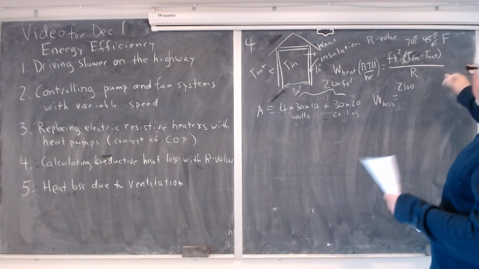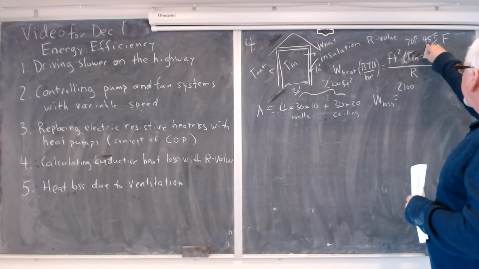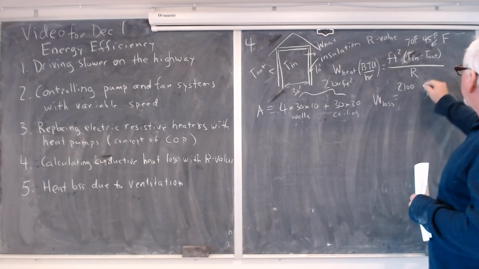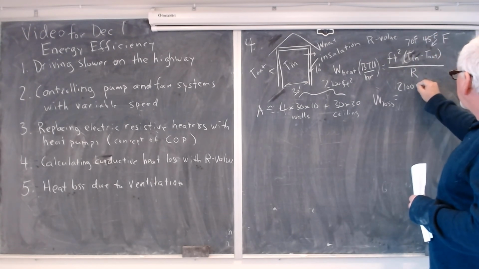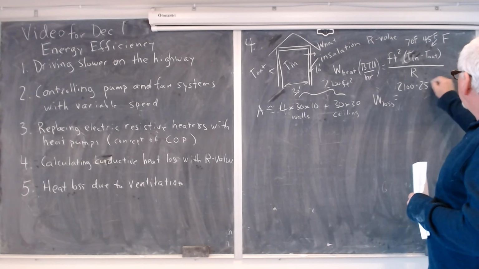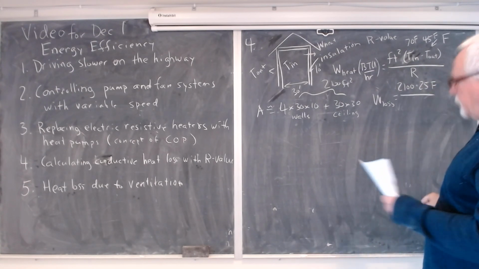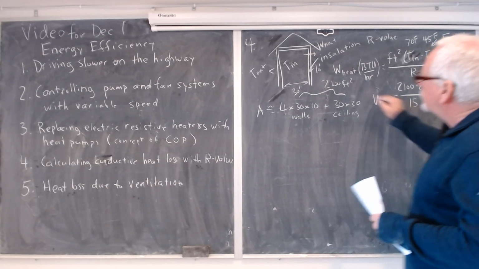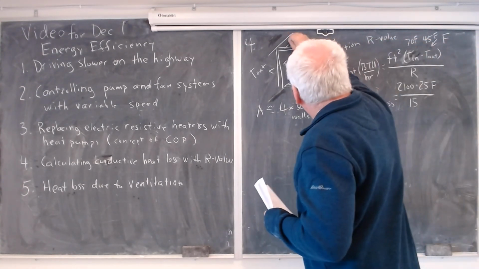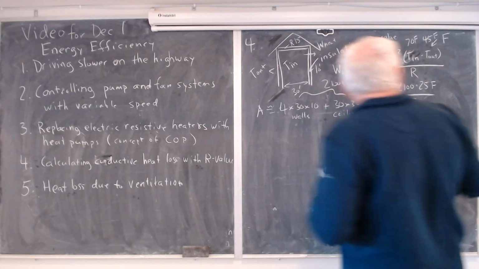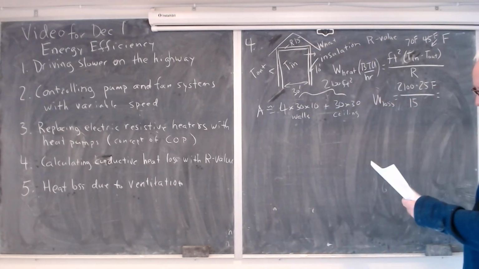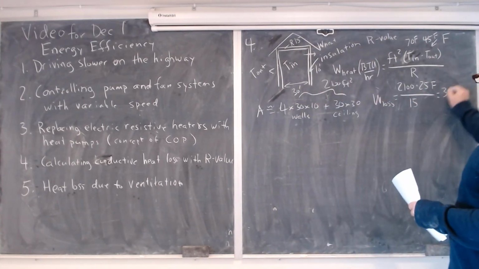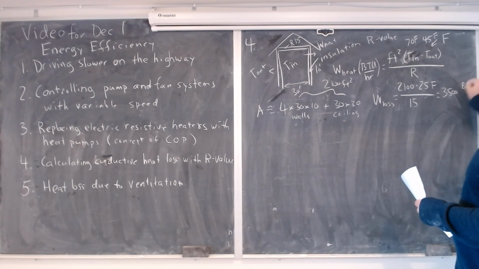If during winter the average temperature outside is 45 degrees and the average temperature inside is 70 degrees, this is 25 Fahrenheit, that's the difference. And let's say your R value is 15, so R15. Then that works out to 3,500 BTU per hour.